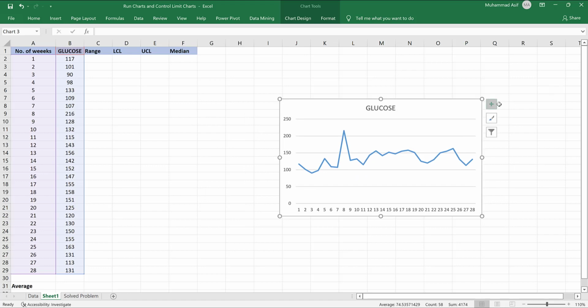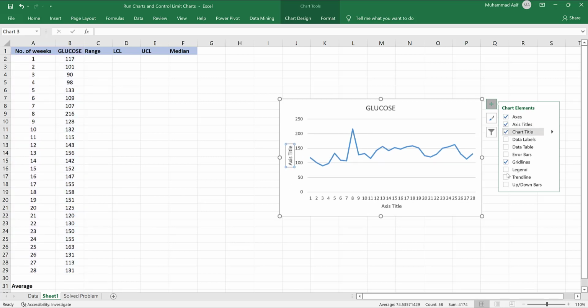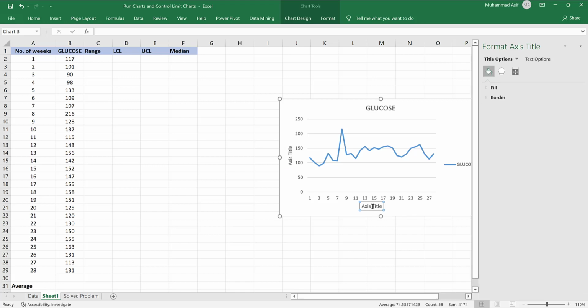And let's add some axis, which is already there. We will also add axis title, chart title, legends. Let me add titles for the X and Y axis.